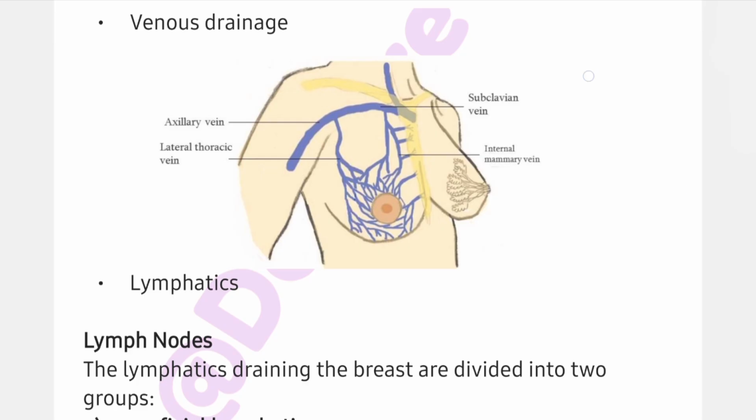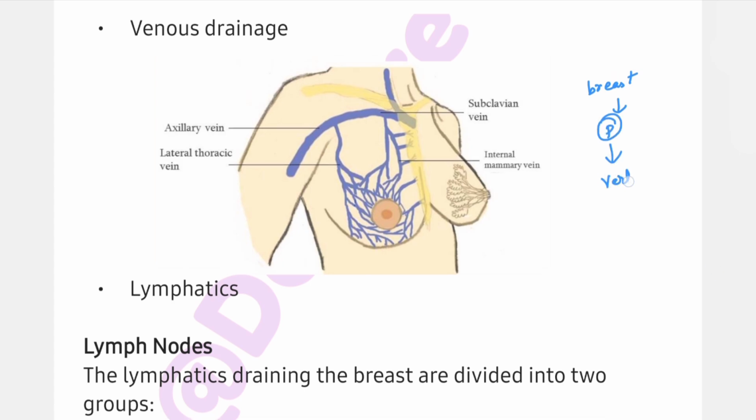So cancer from the breast can travel to the posterior intercostal vein. From there it can go to the vertebral venous plexus. From there it can go to the intracranial dural venous sinus, and then it can spread to the brain. So it is very important, please remember this. This is the applied aspect here.